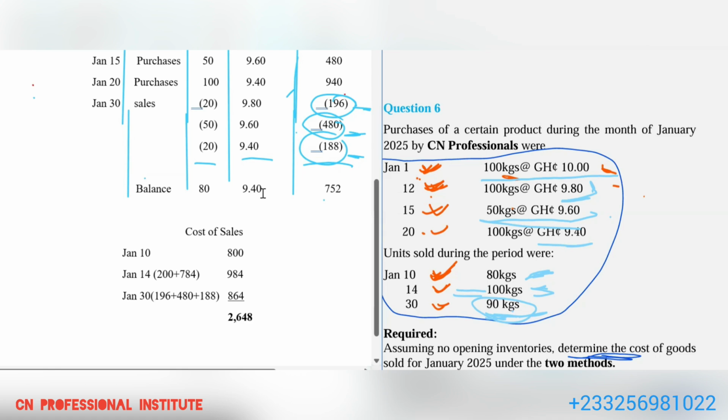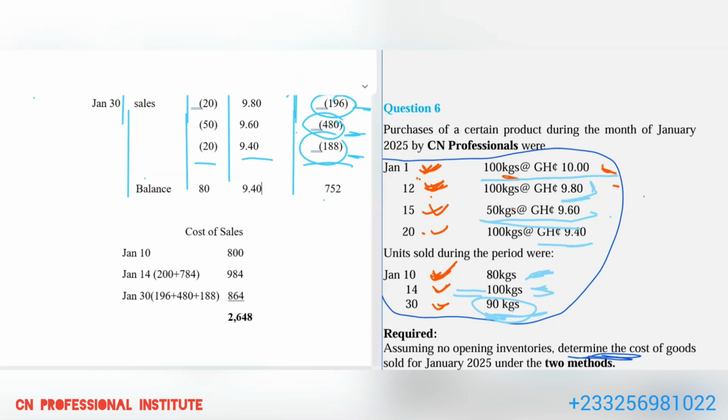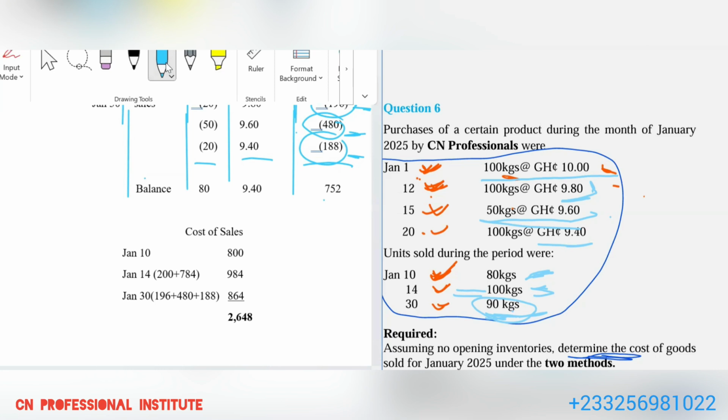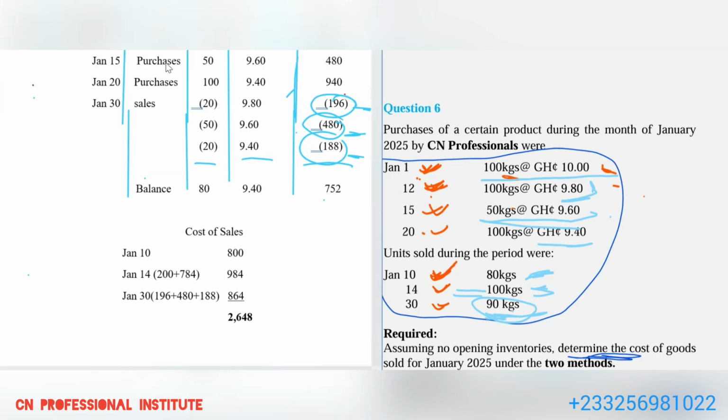Now, somebody can also do the cost of sales this way. If you remember, to get our cost of sales, we have opening stock. Here in this question, there's no opening stock, so dash. Then we add purchases.